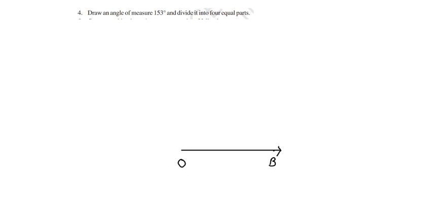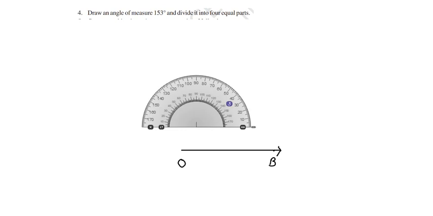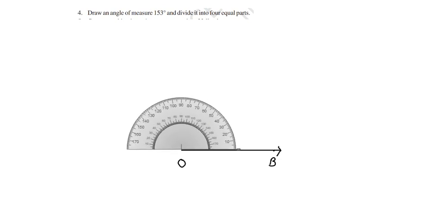Now taking the protractor to make angle 153 degrees. Keep it on the initial point. Now you can see here you need to mark 153. We are increasing the angle from 10, 20, 30 and so on, and we can reach till 150. Then we need to count the small lines which are visible here, 1, 2, 3, and then we can mark 153 degrees.